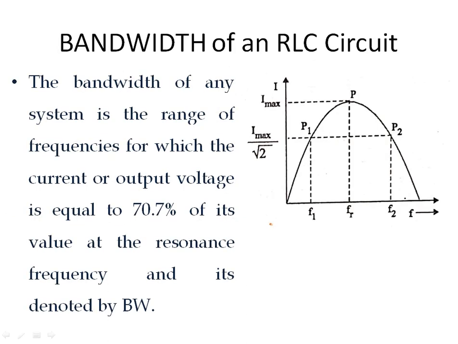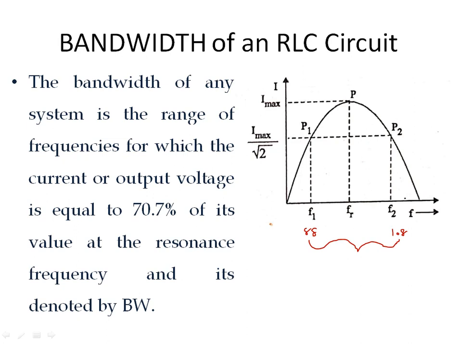So next, bandwidth. What do you mean by bandwidth? Suppose you are listening to FM radio, you have to search from 88 megahertz to 108 megahertz. That is the region which is available for consumers.